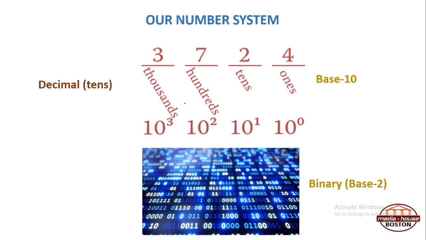For example, 0, 1, 2, 3, 4, 5, 6, 7, 8, 9. We don't have any number outside that. We only have 10 digits that all the numbers are built around. That kind of system we call a base 10 digit system, or base 10 number system. So all our numbers are from 0 to 9, which are 10 digits. This is the type of number system that we work in.